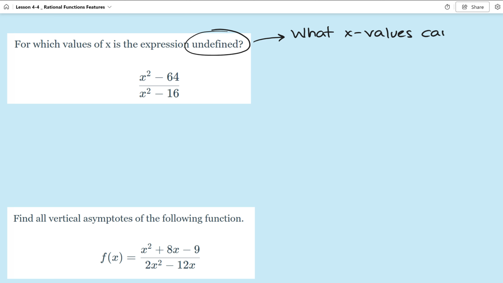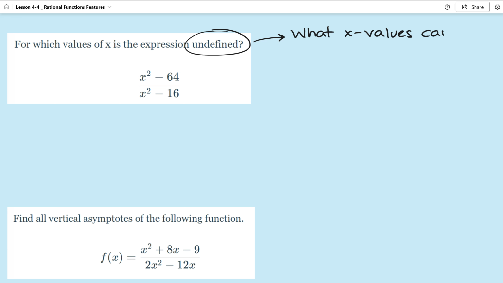So what I need you to do always is to factor, especially when your degree is 2 or higher. So this here is specifically a difference of squares problem.